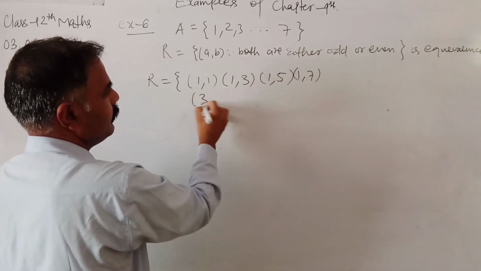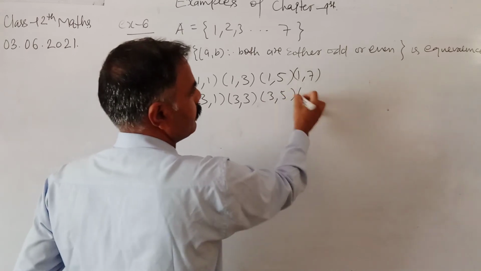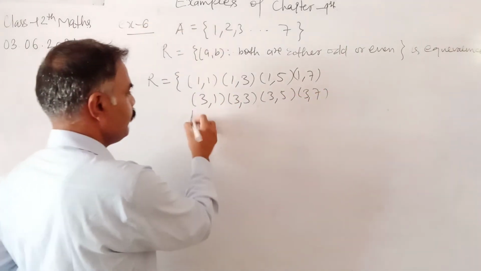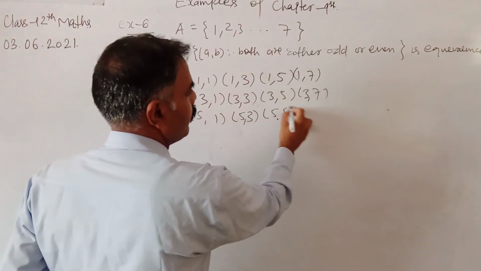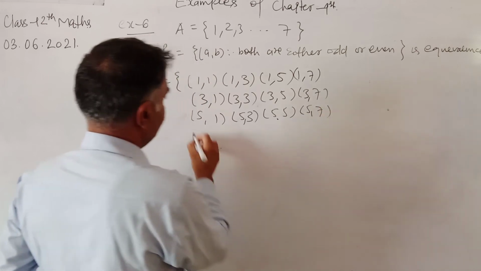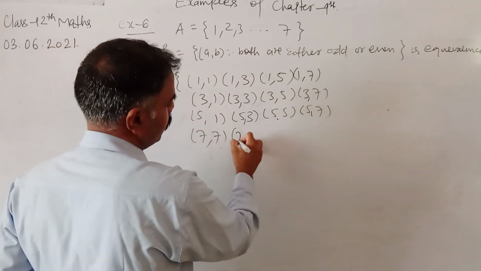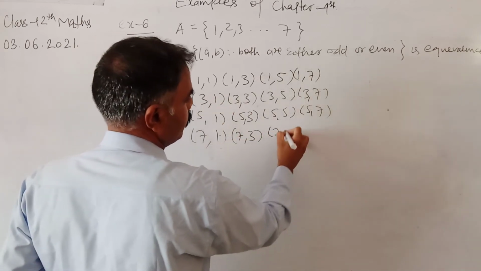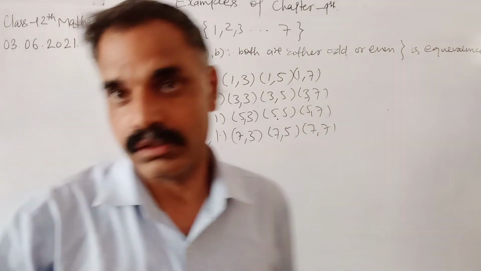Similarly, 3 will be related to 1, 3, 5 and 7. Odd will be related to odd. 5 will be related to 1, 3, 5, 7. And lastly 7 is related to 1, 3, 5 and 7.